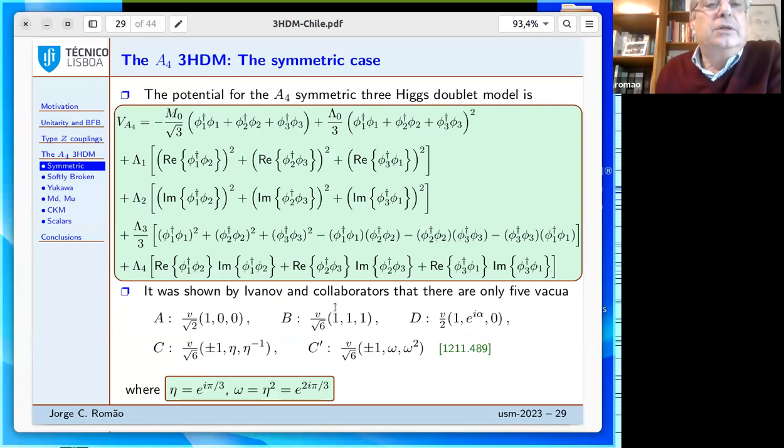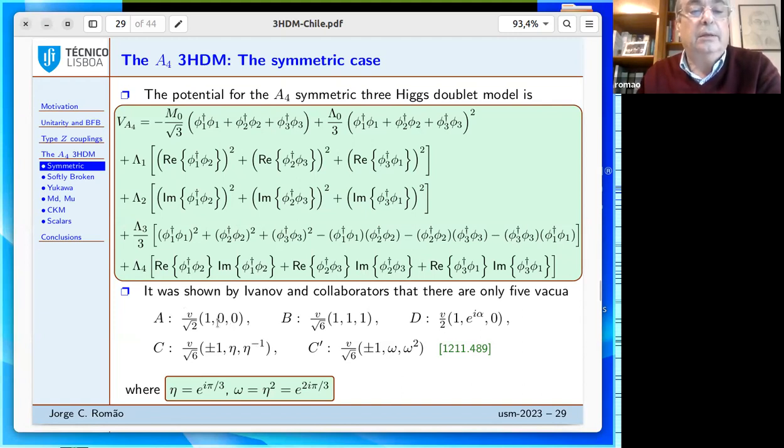We consider this 3HDM model with a symmetry A4. In the symmetric case, the potential is given by this expression. There are other ways of writing the potential, but this is one of them. The thing we want to focus on is that Ivanov and collaborators have shown that this potential has only 5 different vacua.